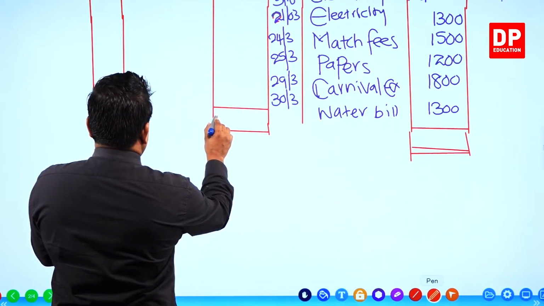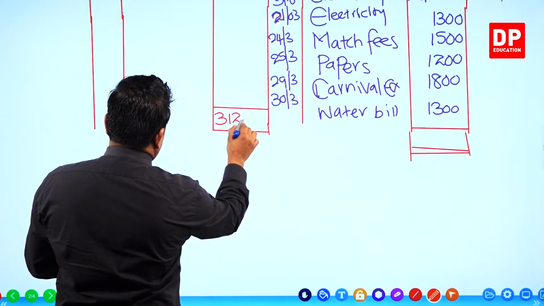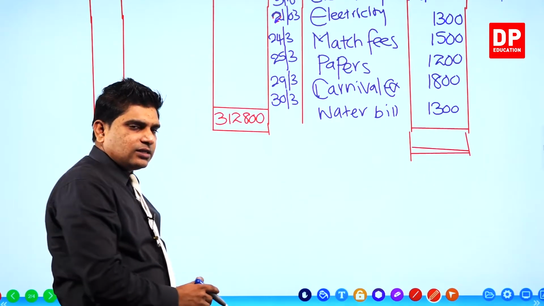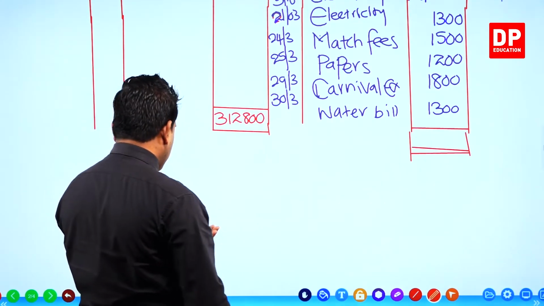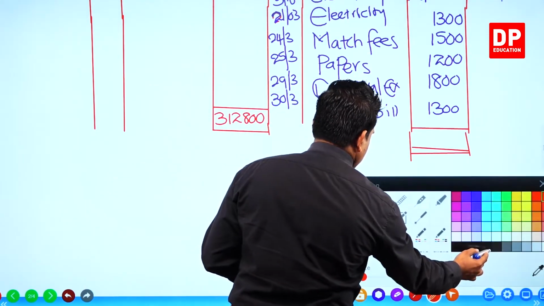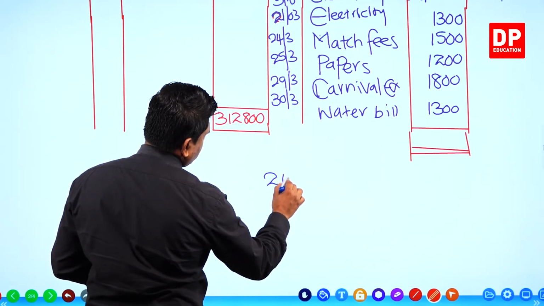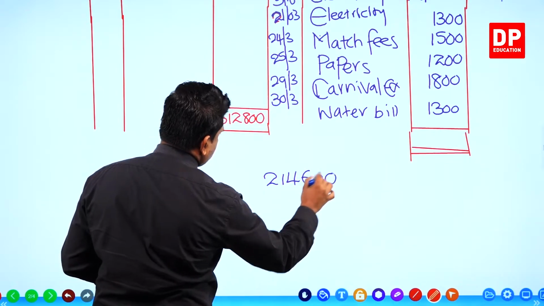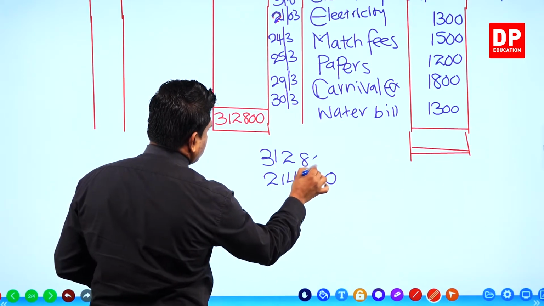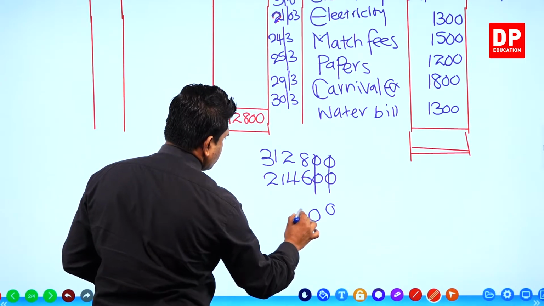How much? 312,800. I change the color now. Then the credit side, how much? You get the credit side 214,600. But debit how much? 312,800.